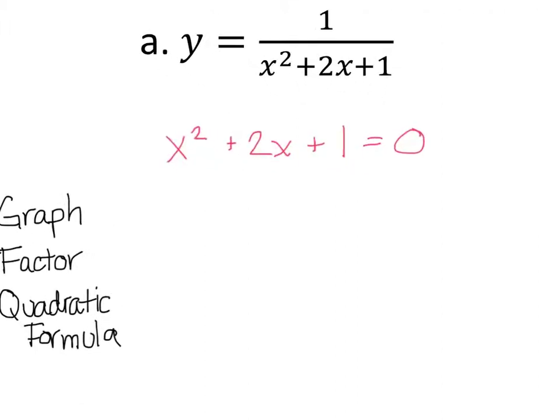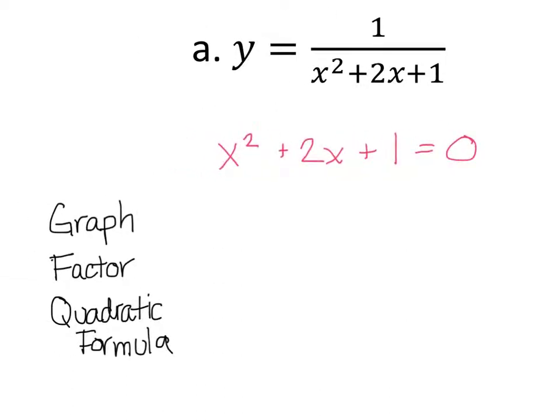Okay, so which way do you want to do this one? Let's factor it. So what factors can we plug in here? I'm going to go with 1 and 1, because when we multiply 1 times 1, it gets 1, and when we add them, it gets 2.